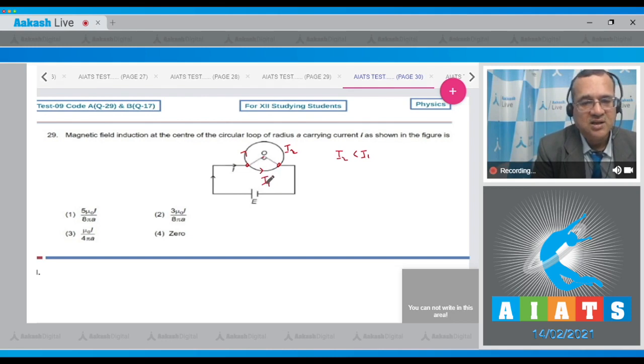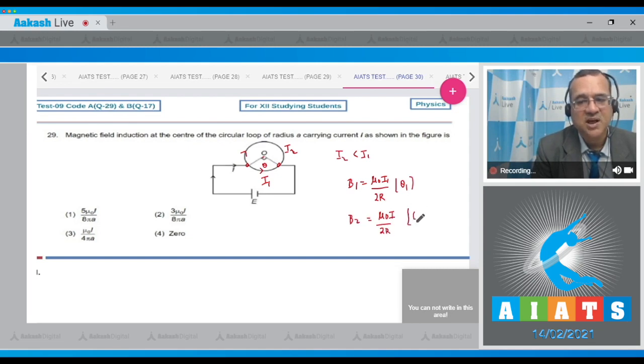Then the magnetic field because of this one is equal to mu naught I1 divided by 2R, multiplied by the angle theta 1. And the contribution of magnetic field because of the second is mu naught I2 divided by 2R, multiplied by the angle theta 2 in radians.